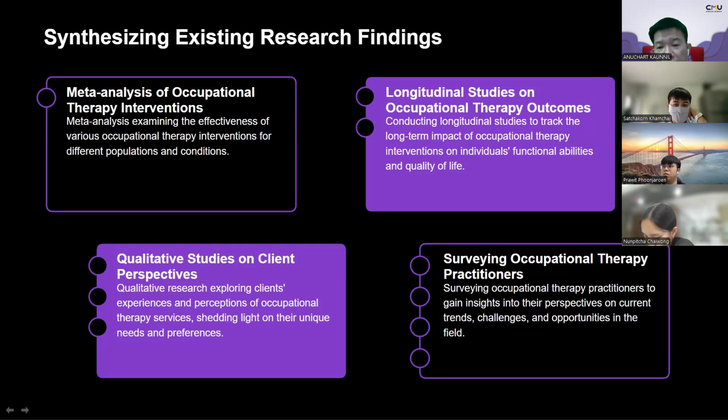Survey for OT is still one area where we try to find insight into the perspective of the therapist, to know the current trend and the perspective on the future of OT now. Look at the trend of new technology: will AI affect and help OT, and help Thai people or not? Telehealth and telemedicine, or will robotics do better than the therapist or not?